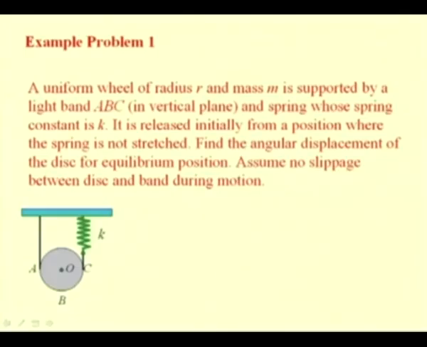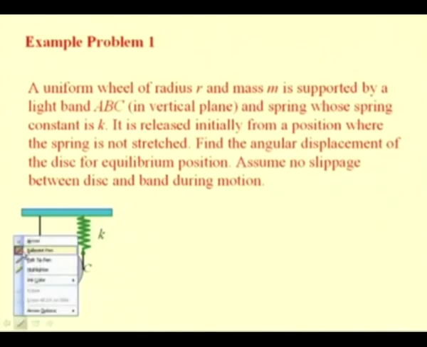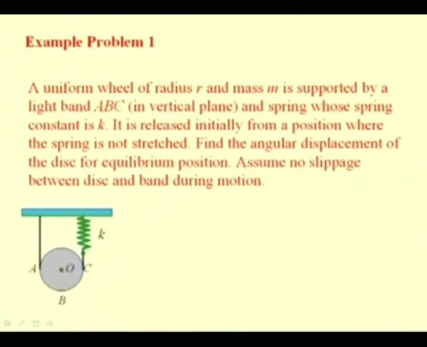Let us take one example problem. Here you see a uniform wheel of radius r. So, let the radius of this wheel be r, and it has a mass m, supported by a light band ABC.